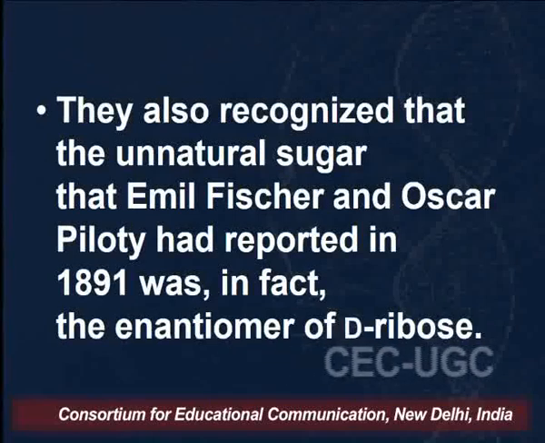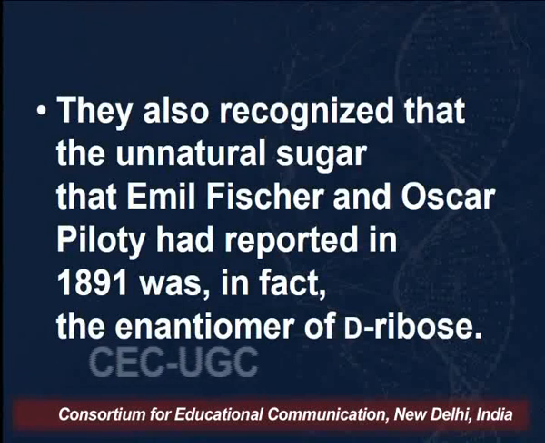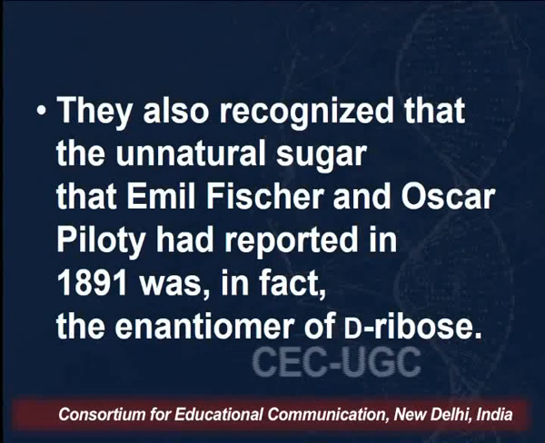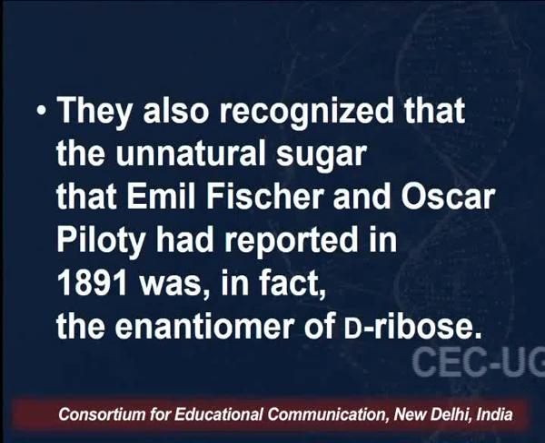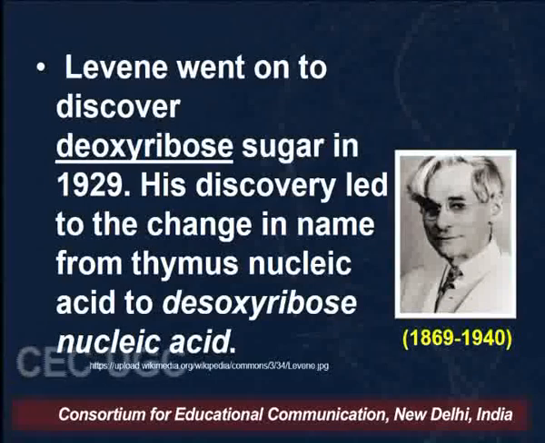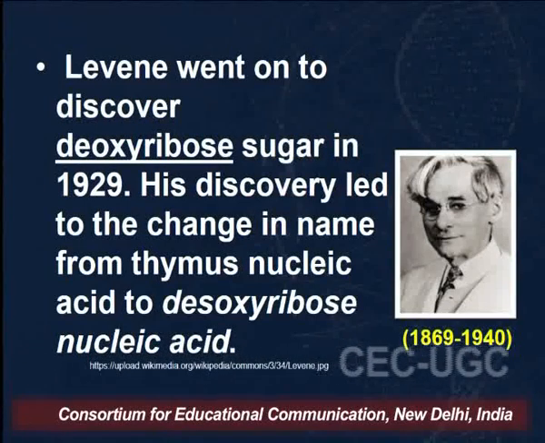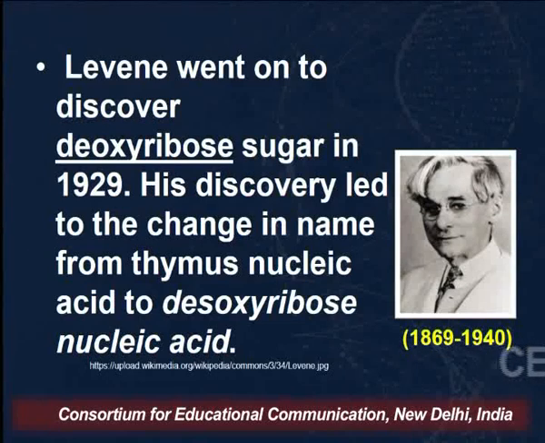They also recognized that the unnatural sugar that Emil Fischer and Oscar Piloty had reported in 1891 was in fact the enantiomer of D-ribose. Levene went on to discover deoxyribose sugar in 1929.